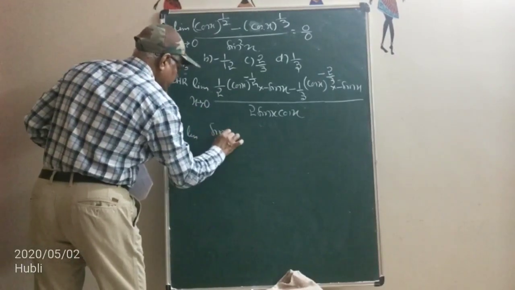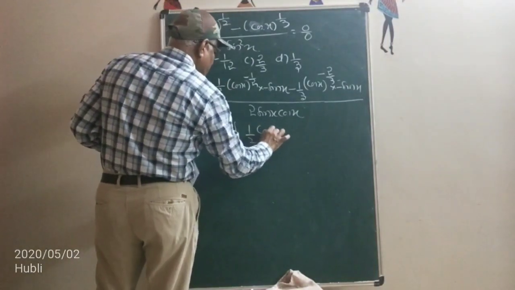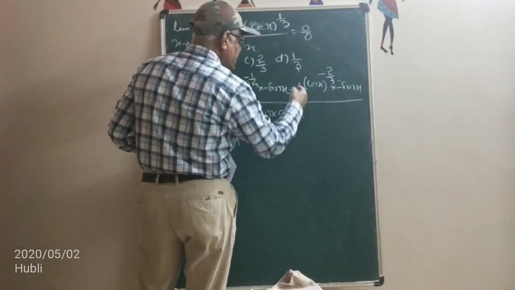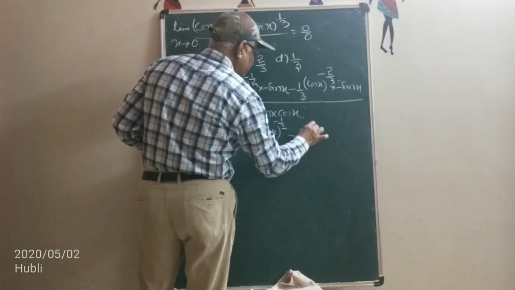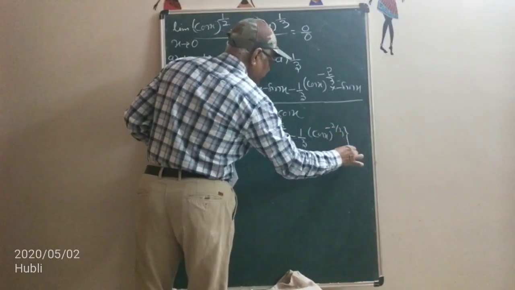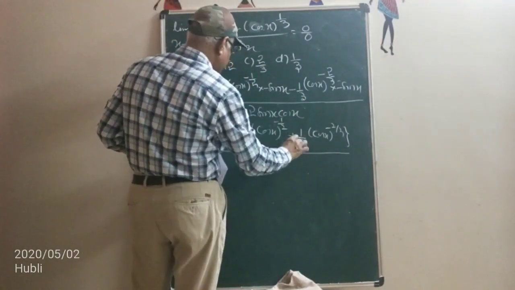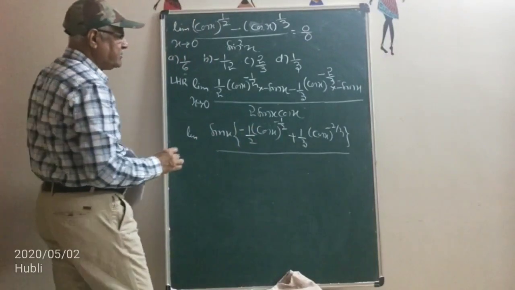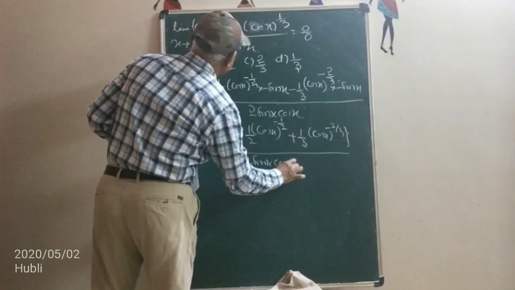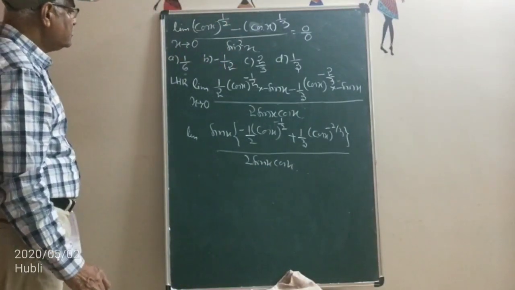Here sin x you are taking common into the bracket, 1 by 2 into cos x raised to minus 1 by 2 and minus 1 by 3 cos x raised to minus 2 by 3, and divided by, here minus into minus you can write plus, and this expression is divided by 2 times sin x into cos x. Okay.